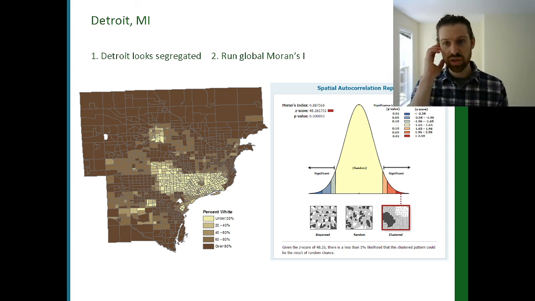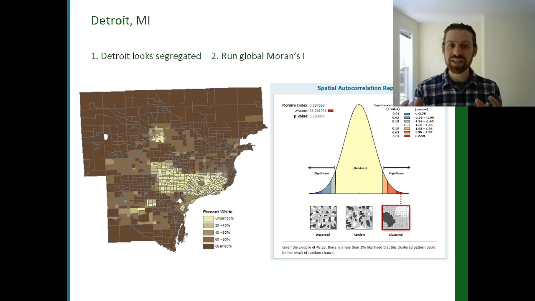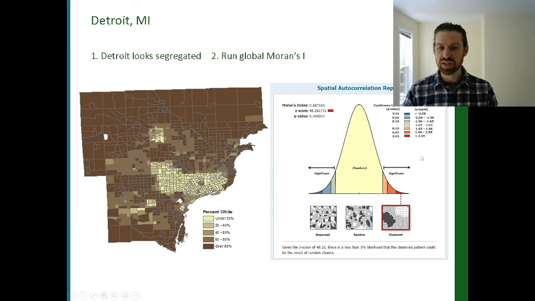So this is saying that we have highly autocorrelated data. It's highly unlikely that this has occurred by random, and there are clearly some spatial processes going on, which are affecting the distribution of individuals living across these different areas.